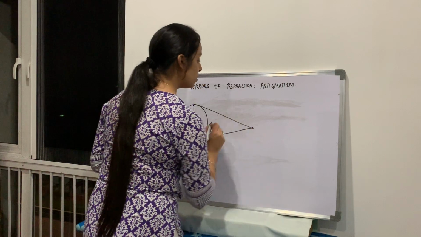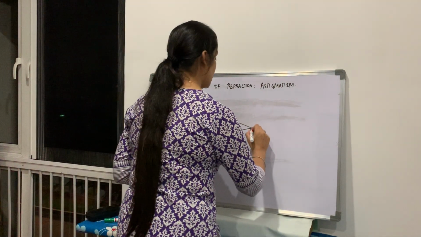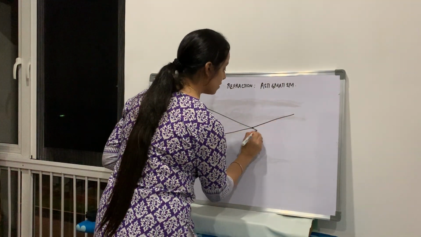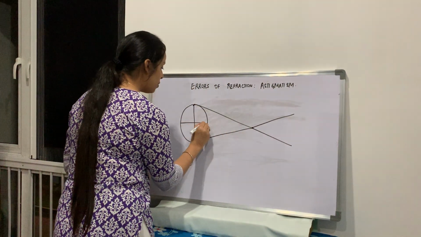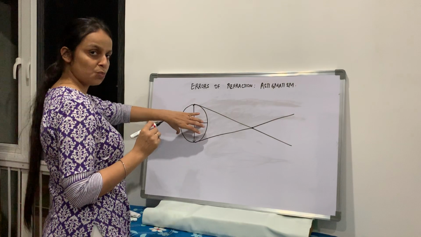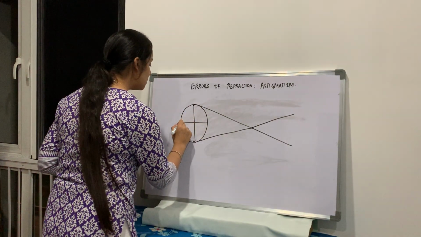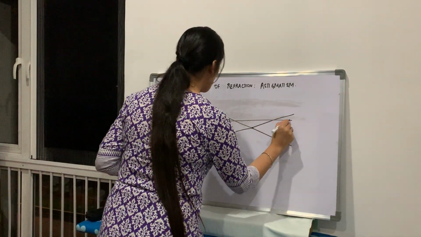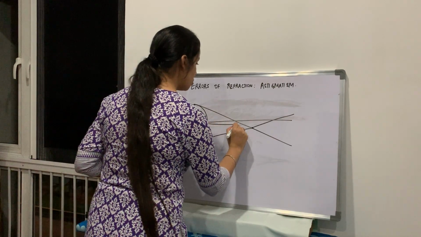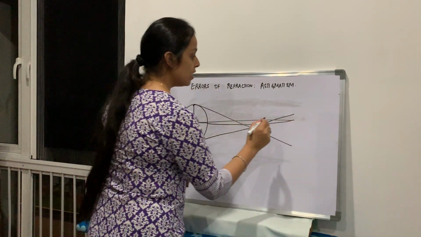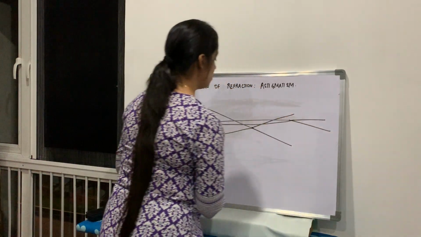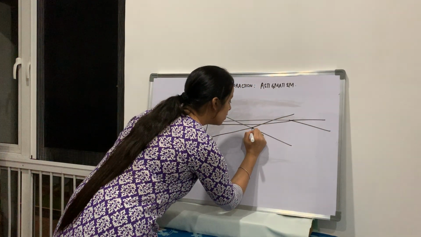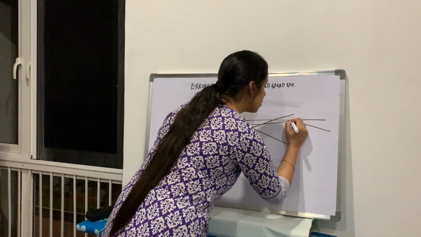After coming to focus here, they start diverging from this point. Now, if I speak about this horizontal meridian, since this is wider, these rays will come to focus maybe here, and after focusing here, they will again start diverging. Okay, so there's one focus here and there's one focus over here.